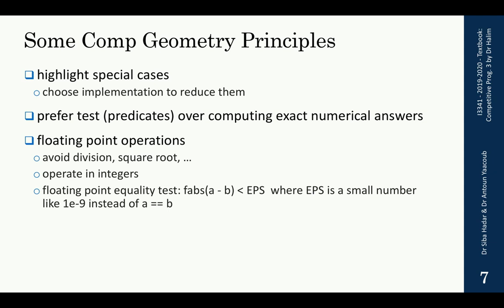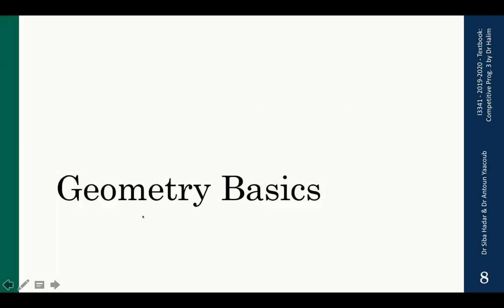So operate over integers. And whenever you want to test for floating point equality, the key issue is to test whether their difference is less than a certain small epsilon. Do this test: if fabs of a minus b is less than epsilon, instead of if a equals b.